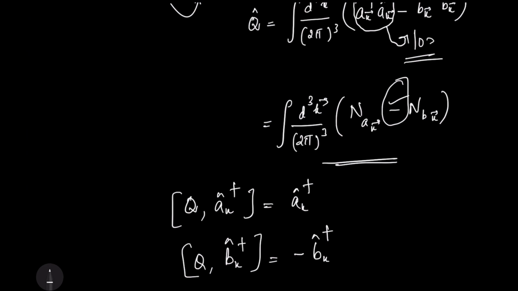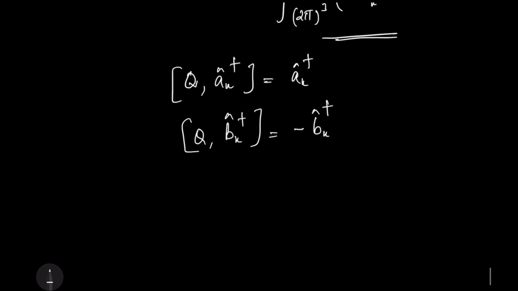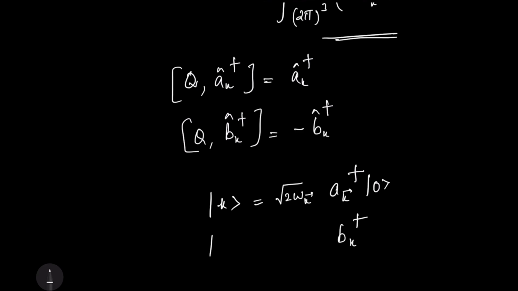So these are just the commutators. Now the state k is generated, as we saw in the previous class with a normalization constant, by a_k dagger acting on 0. Similarly, if b_k dagger acts on 0 with the normalization, then I will get k bar.